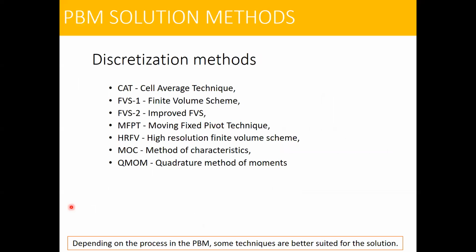Then, there are several methods to solve under these discretization methods. For instance, those are listed here. As we already saw, we can model different kinds of phenomena based on our system. Therefore, for our population balance expression, some techniques are better for the solution.